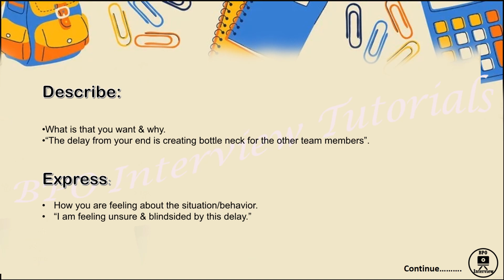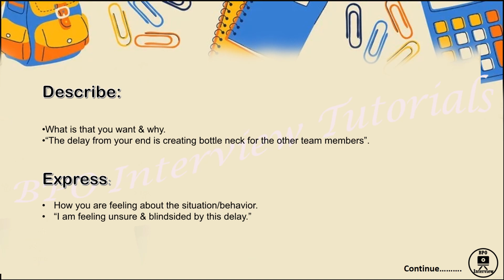For example, we are giving feedback where the associate did not give an apology. If a customer is very irritated and critical, and at that time we don't give an apology, we need to describe what the impact on that customer will be. Then express how you feel about the situation or behavior.